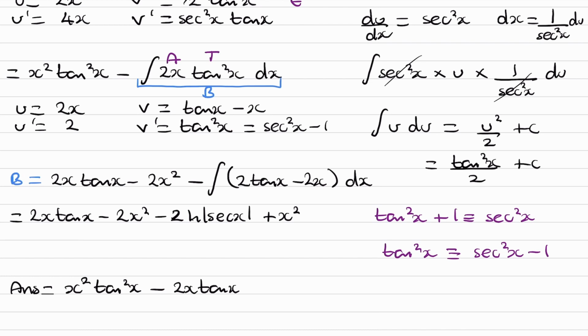And maybe I'll combine these two together as well now. So those two would make minus x squared. But then we're subtracting this whole thing. So the minus x squared now becomes plus x squared. So plus x squared. And then we have minus 2 ln sec x, which becomes plus 2 ln sec x. And finally, plus c.